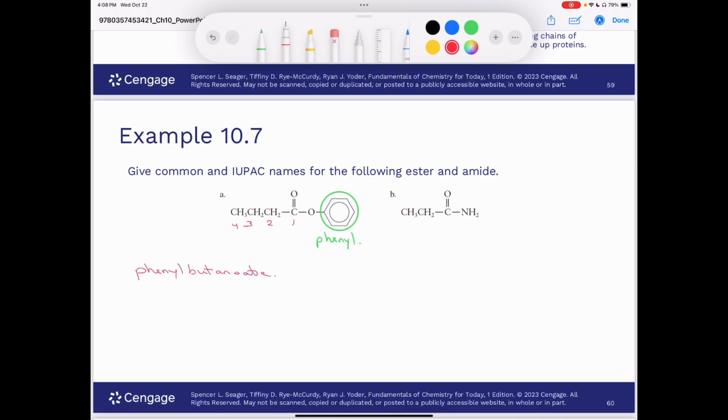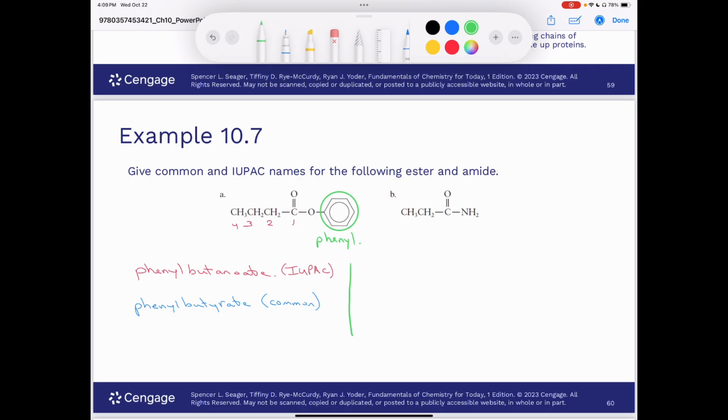Now, I think the textbook says it's the same name whether it's IUPAC or common. I would argue with that. This would be the IUPAC way of naming this compound. The common way would be to call it phenylbutyrate, because the common name for a four-carbon carboxylic acid is butyric acid. So this would be the common way of naming it.